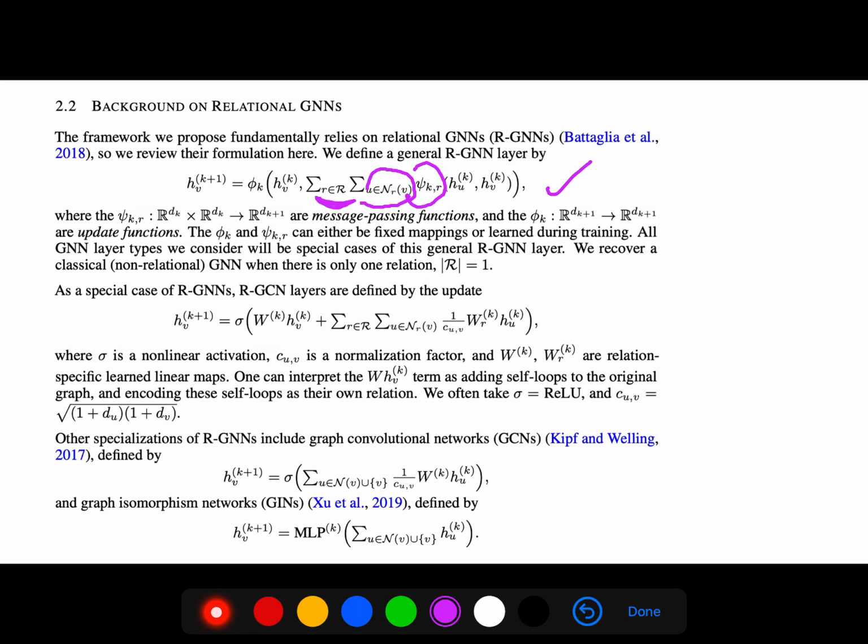So this is the relational version of a graph neural network. As a special case of relational graph neural networks, RGCN layers are defined by the update, where sigma is a nonlinear activation. One can interpret the WH term as adding self-loops to the original graph and encoding these self-loops as their own relation.